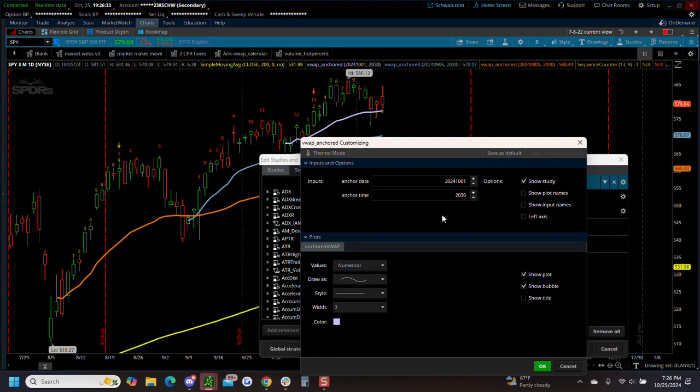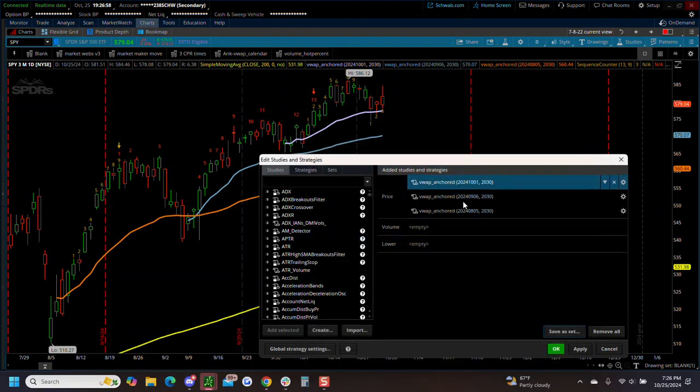I do use it a little bit for Sunday night setting things up. I'll go on smaller time frames to find out where the anchored VWAP is located to start my week out, so I can have the current week's anchored VWAP and keep that on my chart. That's how you change the dates. It's really simple, and you can have multiple on your charts.